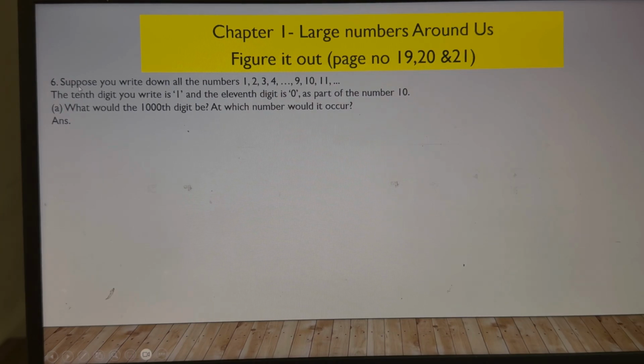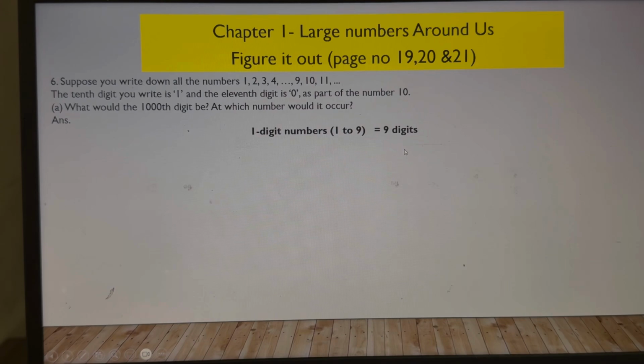Question 6A is, what would be the 1000th digit, and at which number would it occur? Let us do it stepwise. How many one-digit numbers are there? From 1 to 9, there are 9 such digits.